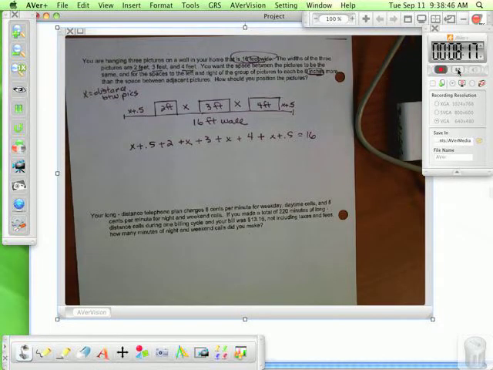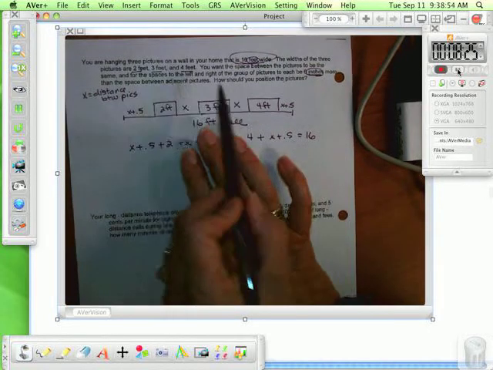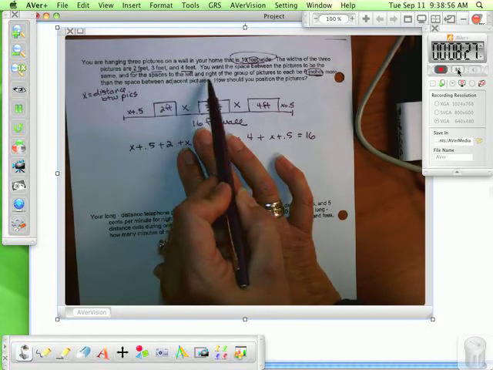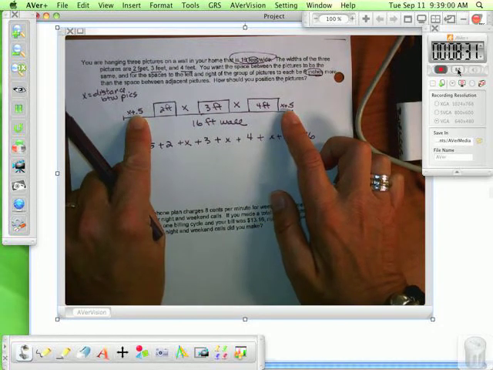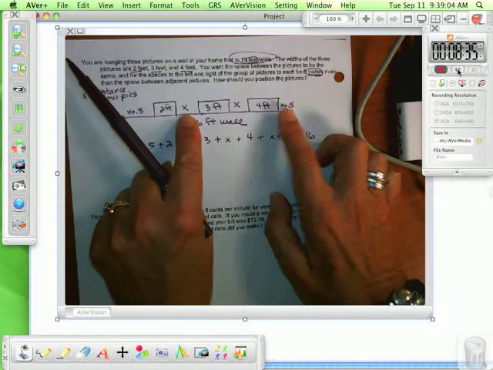Yeah, Claire. Why do you put x plus, why is that x? Because again, they said right here, the spaces to the left and the right of the group of pictures to be each 6 inches more than the space between them.